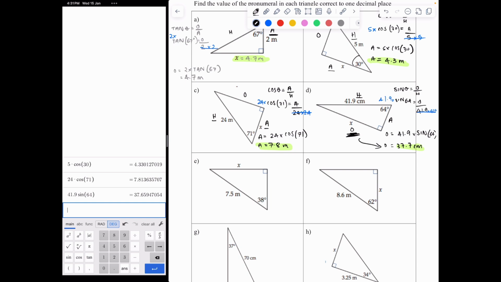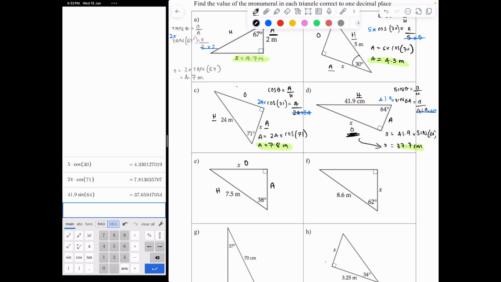Next question. E. Label the sides. H. We've got our opposite, and we've got our adjacent in between these two angles. Okay, so what are the sides of concern?